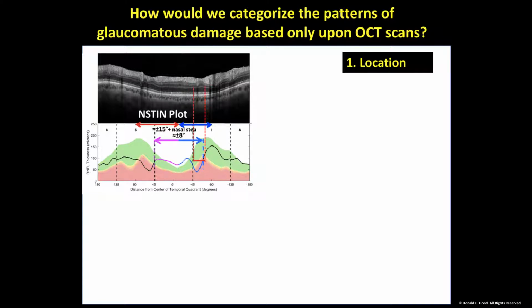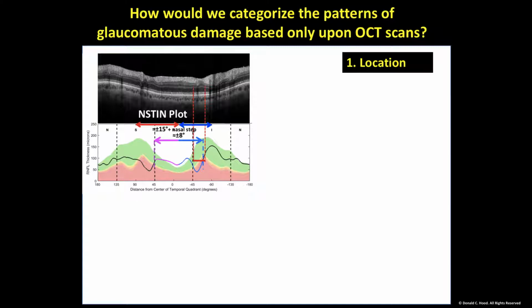And we weren't biased by thinking about nasal steps and partial arcuates and categories like that. Maybe we knew about the Goldmans, we knew about arcuates in general, right? But suppose we didn't have static automated perimetry. But we did have OCT. How would we categorize the patterns of glaucomatous damage based only on OCT scans?